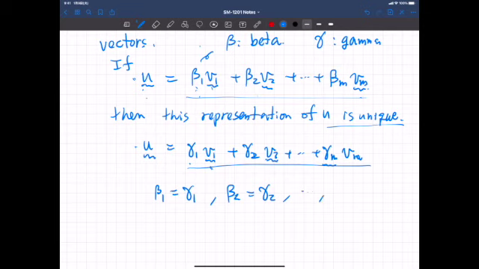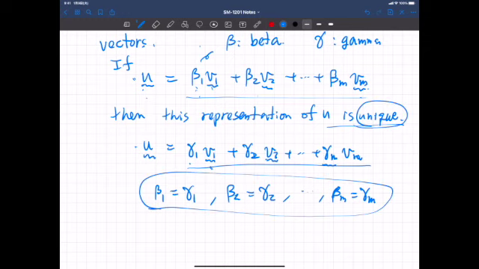All those coefficients of the vectors are the same. So beta m is equal to gamma m. This is what uniqueness means.